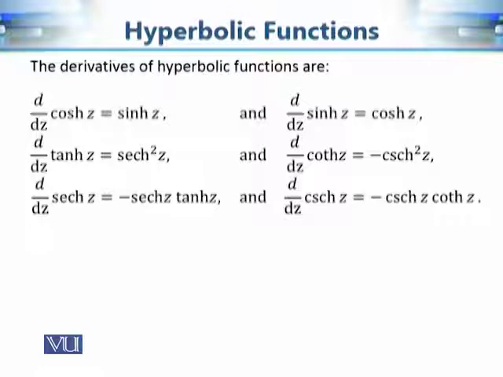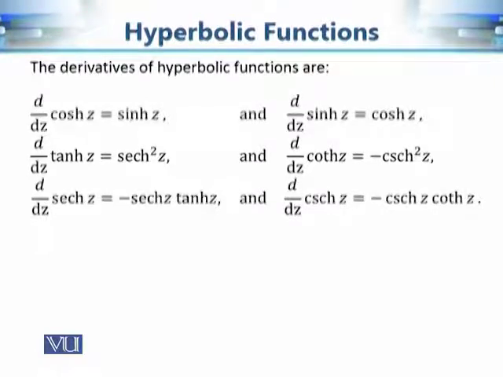So we need to make sure that the derivative of the function is basically a function and not a multi-valued function. So over here, if we are writing down the derivative of cosine hyperbolic z, then it means that we are considering the principal branch, or the branch which is basically a function by definition and not a multi-valued function. So when we are writing down these derivatives, it means that we are writing down the derivatives of the principal branch of those functions, or just take one branch of these functions and then we can write down this expression.